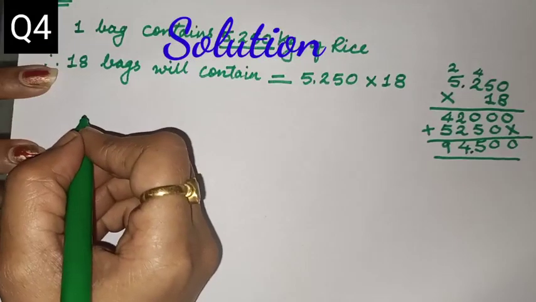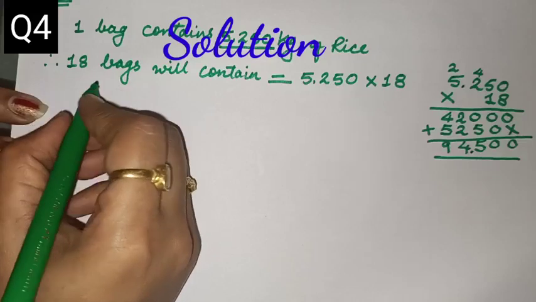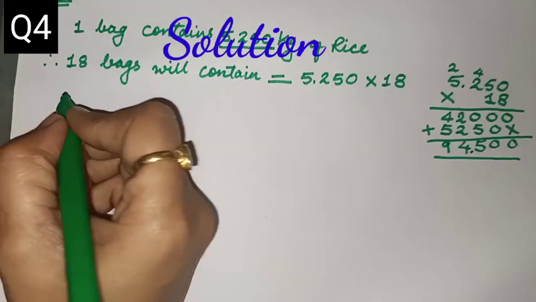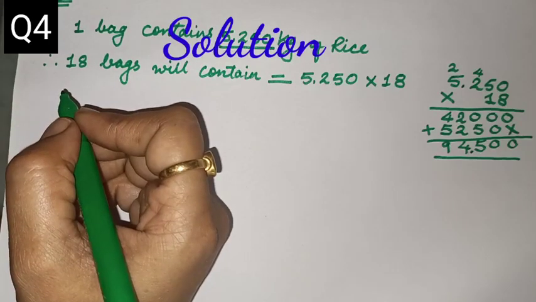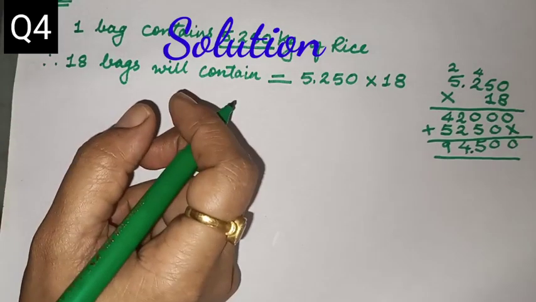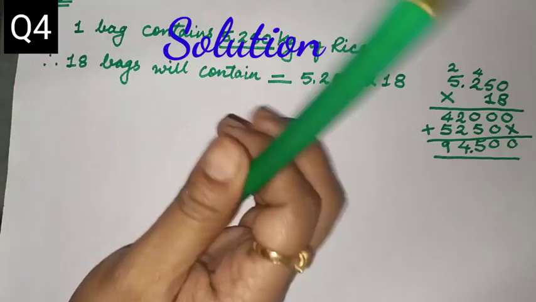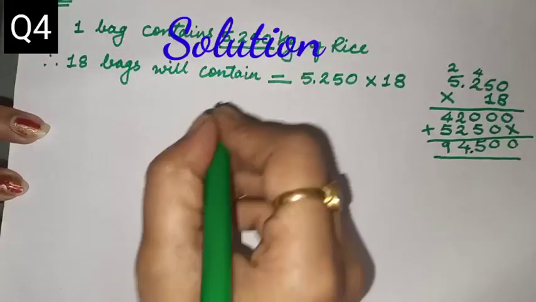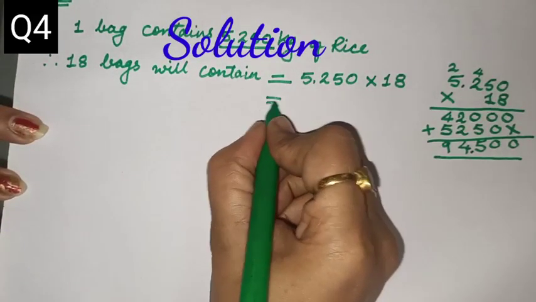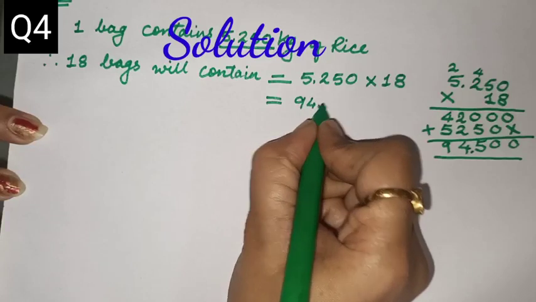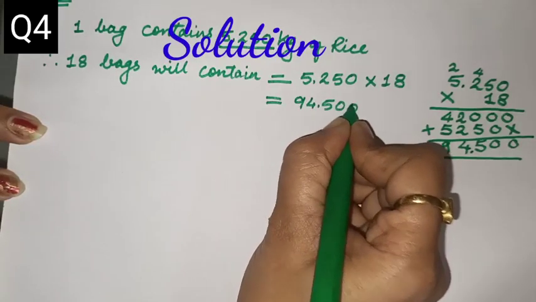So Virendra bought, see the question, children. We have to find out for the 18 bags of rice, how much kg of rice is there. So here we got 94.500 kg.